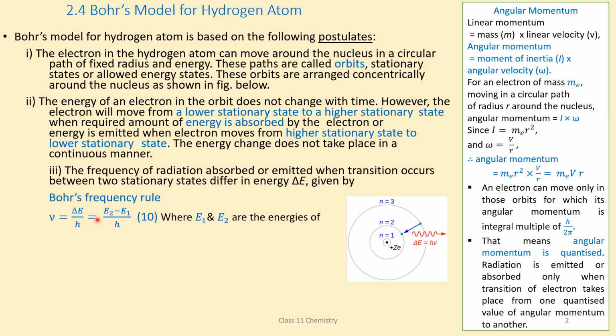So delta E can be represented as E2 minus E1, divided by h. Here E1 and E2 are energies of lower and higher allowed energy states respectively.